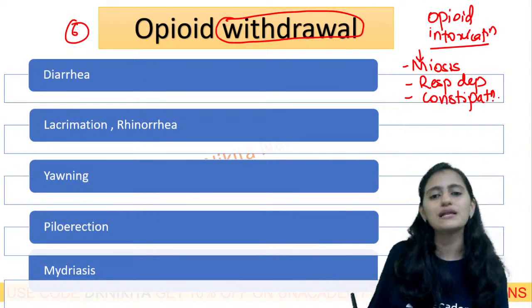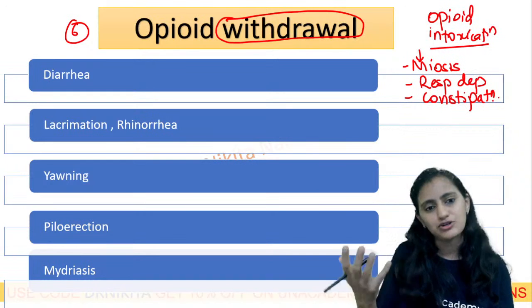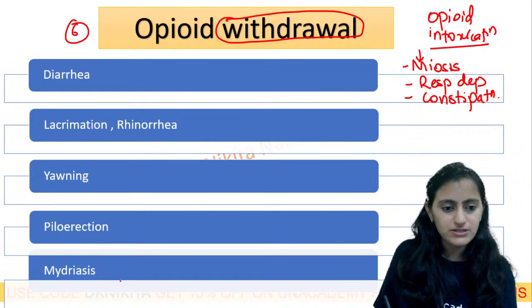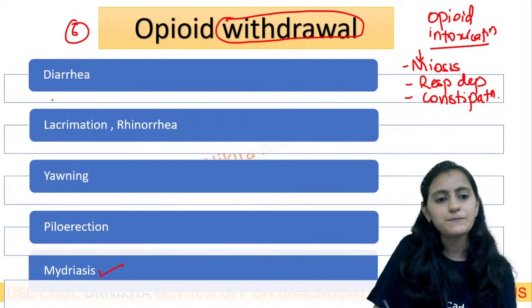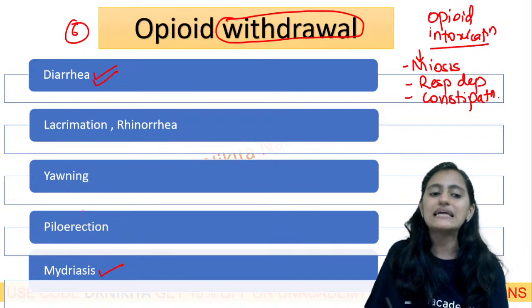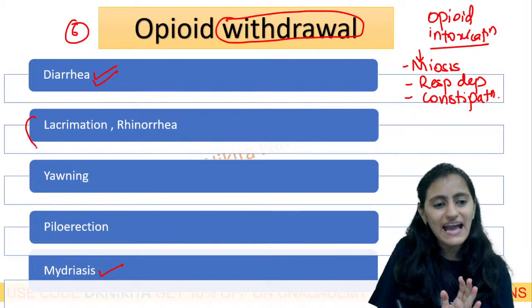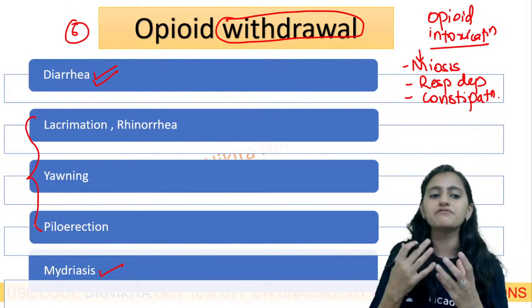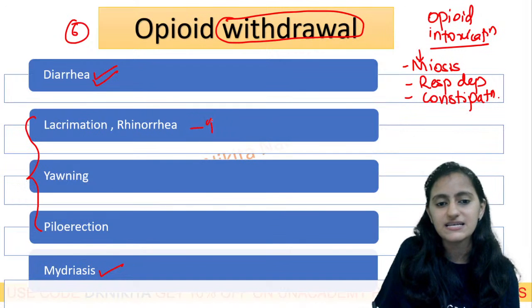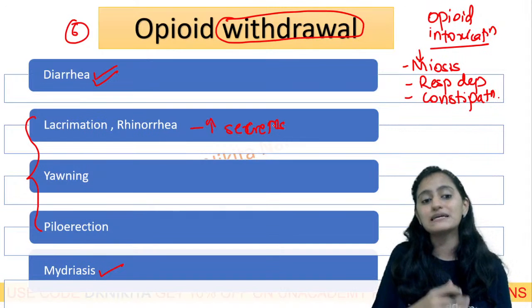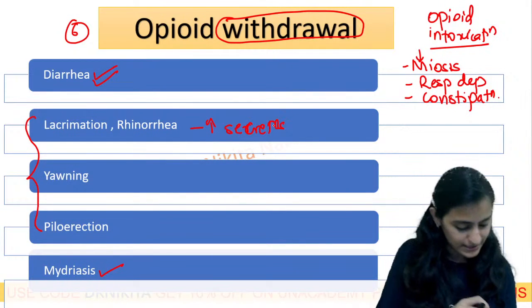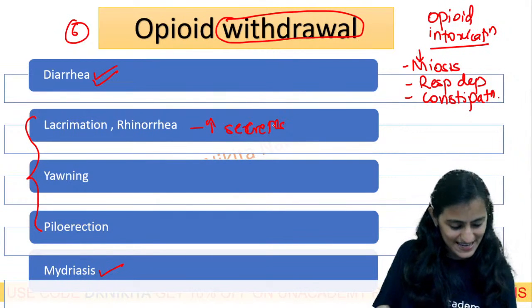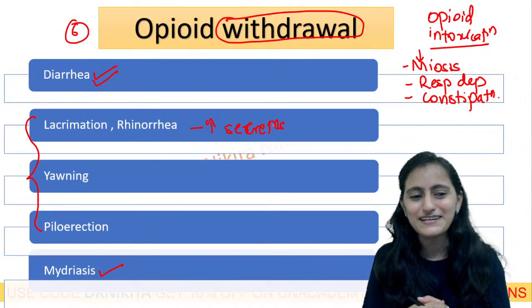Exactly the opposite will happen in the withdrawal, opposite of intoxication. So instead of miosis there will be mydriasis, instead of constipation there will be diarrhea, and then you have characteristic withdrawal features like increased secretions. There is lacrimation happening, rhinorrhea happening, there is yawning, there is piloerection, right? So yes, absolutely right, cotton shoes.